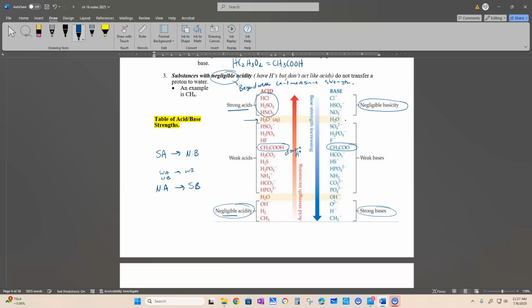Or weak base will turn into a weak acid, okay? You won't know the strengths of them until we actually do some calculations, some plugging and chugging, okay? So this chart is just to help you. As the strength of the acid increases, the weaker the base becomes. So the stronger the acid, the weaker the base, okay? And vice versa.